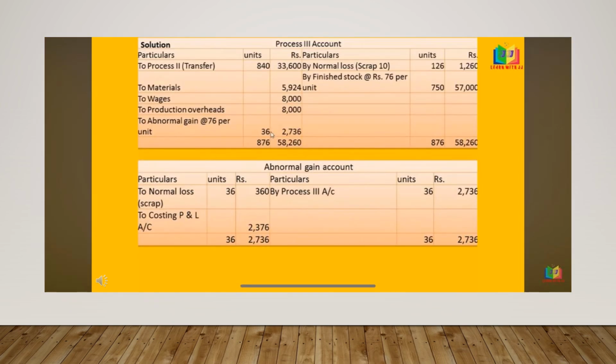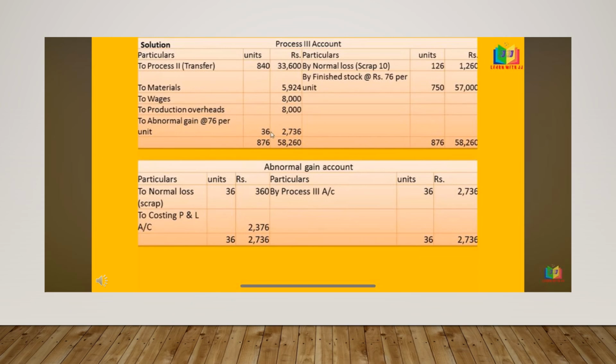Opening abnormal gain account, we will transfer the abnormal gain in process 3 account, which is on the debit side. Here it will come on the credit side, opposite side entry, right? So 36 units column and 2,736 in the amount column. Now, since it is abnormal gain account, in order to balance it out, we take it as loss, right?